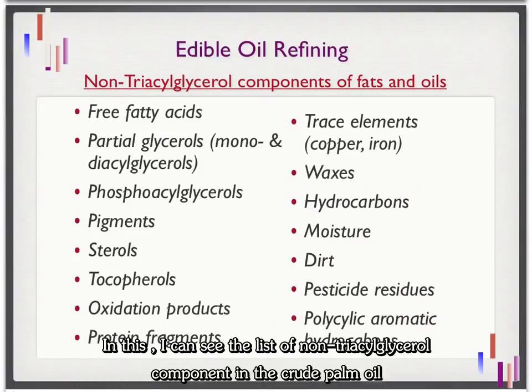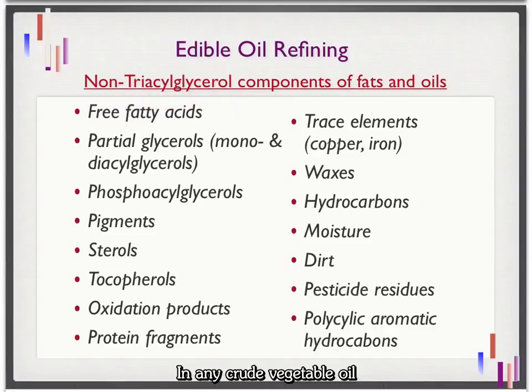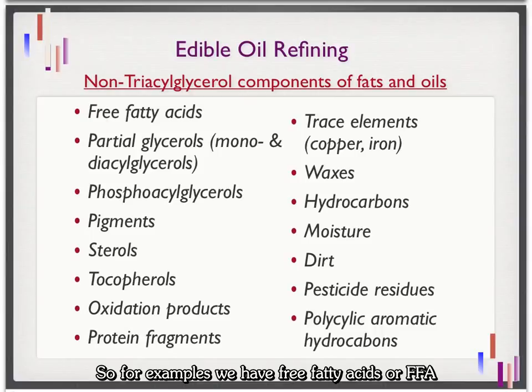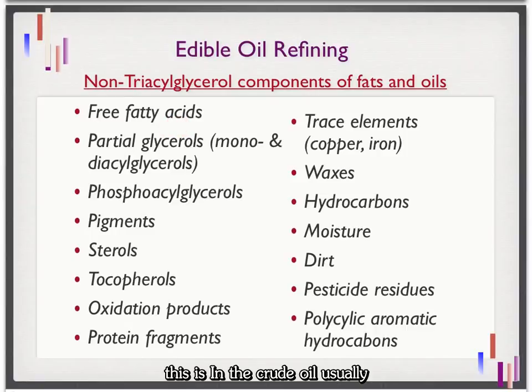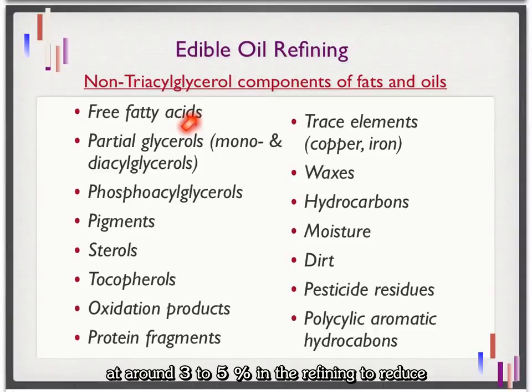In this slide, you can see the list of non-triacylglycerol components in the crude palm oil or in any crude vegetable oil. So for example, we have free fatty acid or FFA. This is in the crude oil usually present at around 3 to 5%, and in the refining we want to reduce it to a very low level, maybe less than 0.1%.